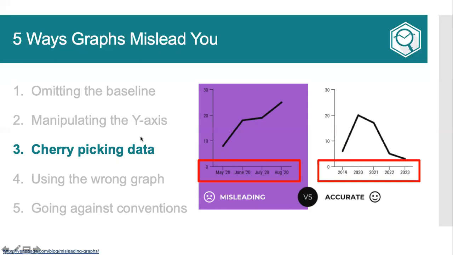Correct, exactly. The full data set obviously shows some initial growth, but then a pretty significant downward trend. The more misleading graph has cherry picked information only from the 4-month upward trend, which makes it look like everything's going really well, when in reality it looks like there's been a crash of some sort in whatever the data actually is.